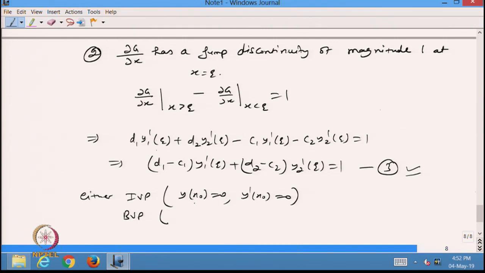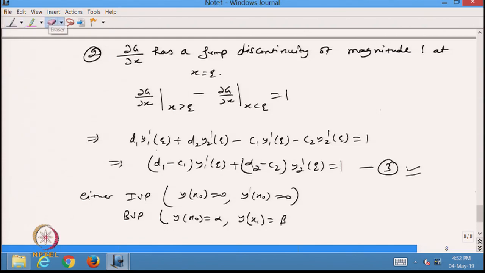The boundary value problem I will define like y at x naught is equal to some value that I call alpha, and y at some x1 is beta.